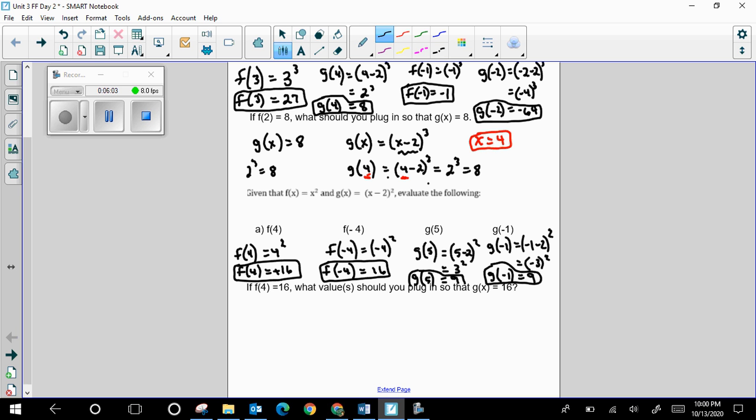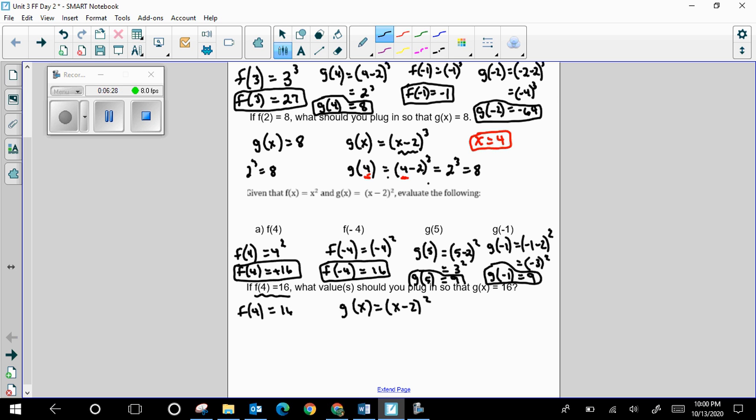So now kind of the same little twist, f of 4 is equal to 16. So I want to know what values can I plug into g so that g of x is equal to 16. So remember, g of x is equal to x minus 2 squared.